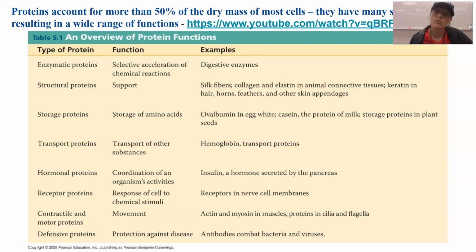Now we've seen hormones before as lipids, but now we've also got some in the form of proteins. We've got receptor proteins, which are responsible for signaling. They take in some information and then make something within the cell actually happen. We've got contractile or motor proteins. These are your muscles.